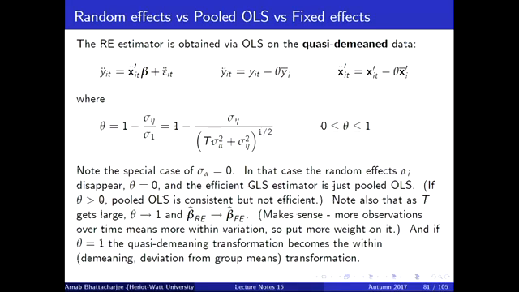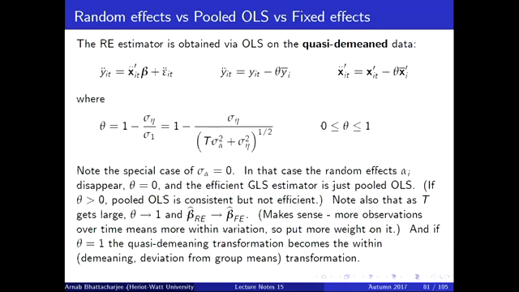Let us take the other extreme, where this theta is very close to 1. When is theta very close to 1? Theta is very close to 1 when the sigma alpha square is all that there is, and this sigma eta is just nothing.